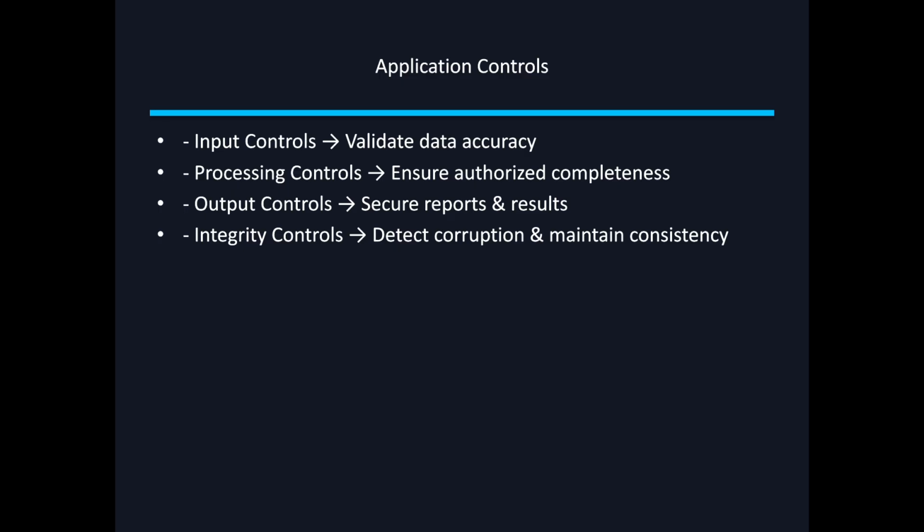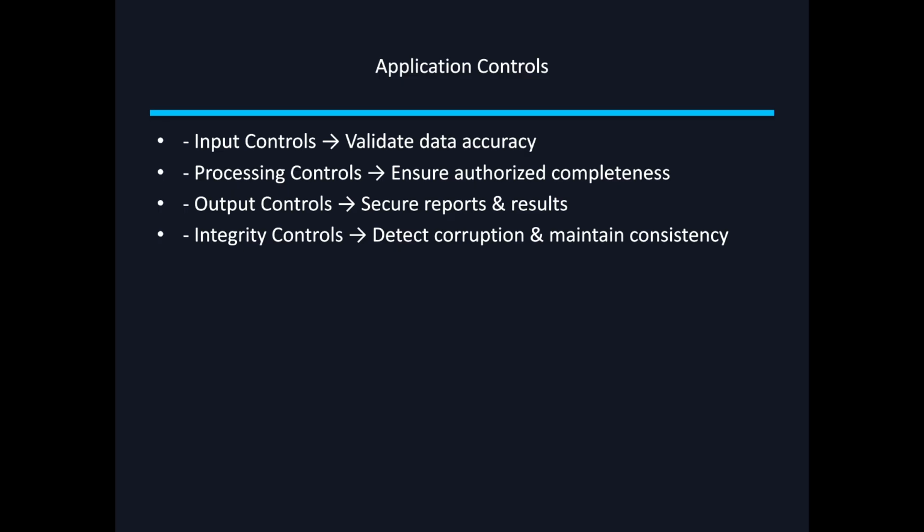Then processing controls ensure transactions are authorized and processed correctly. Examples would be sequence checks and run-to-run totals. Then output controls protect report accuracy and confidentiality.